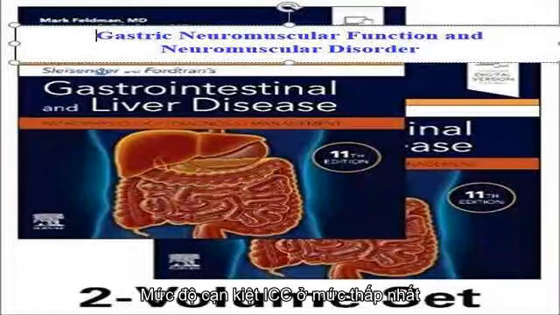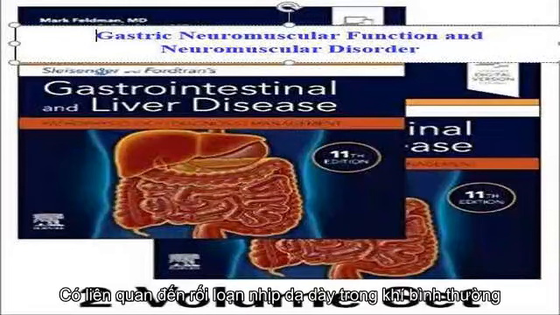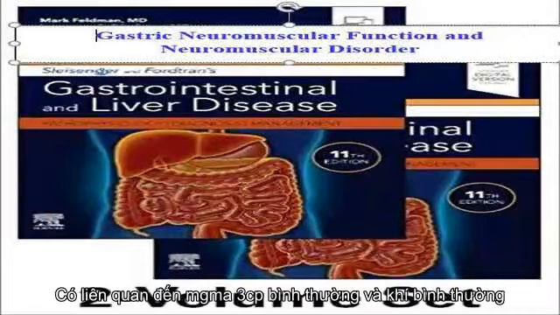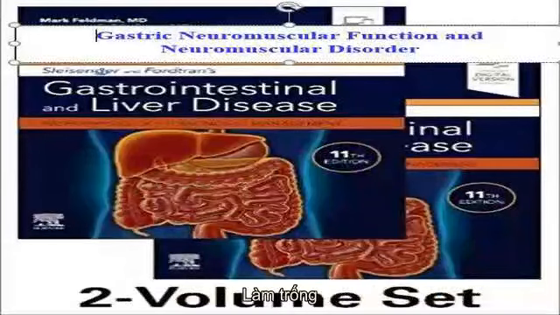Modest depletion of ICCs, 3 to 4 ICCs/HPF, is associated with gastric dysrhythmias and normal gastric emptying. Five or more ICCs per high power field (HPF) are associated with normal 3 cpm GMA and normal gastric emptying.